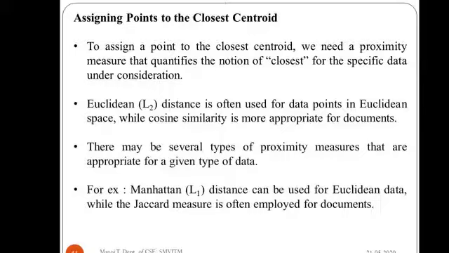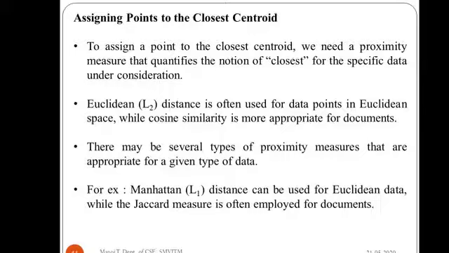So Euclidean distance is often used for data points in Euclidean space, while cosine similarity is more appropriate for documents. You need not worry about what Euclidean space means. Usually the data objects, data points or records which are given to you in unsupervised classification, we consider in n-dimensional space.